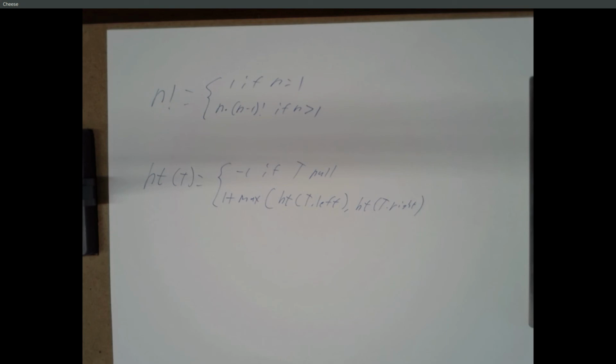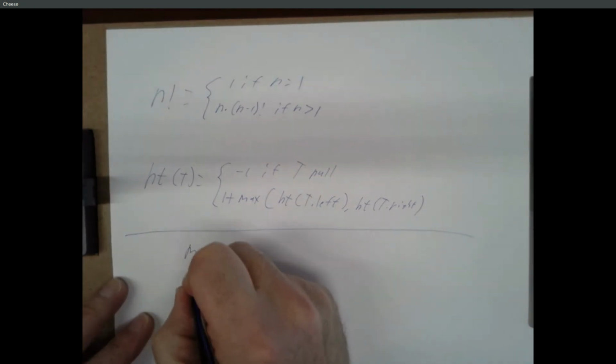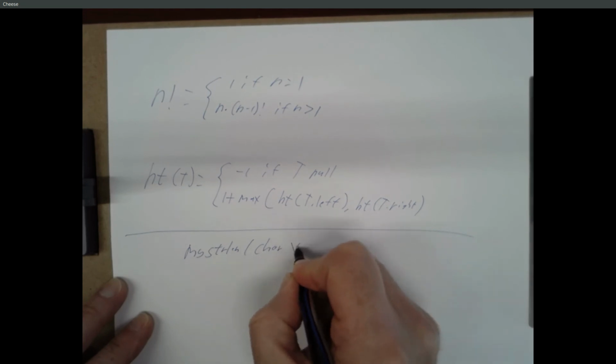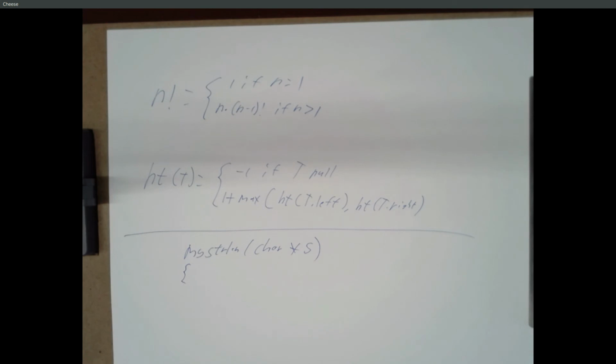So what would it look like if we tried to write our own version of string length? At least one person did this on PA5 because they said they forgot that there was a string length function. So if we just wanted to write my own version of string length just using a for loop, right?